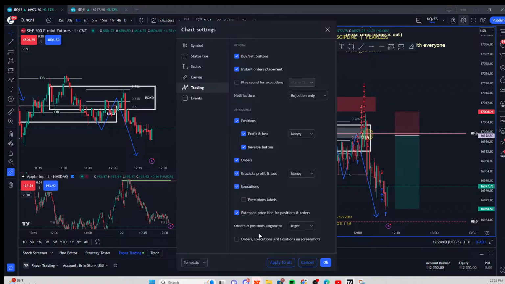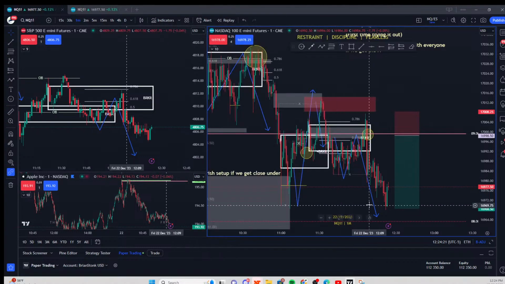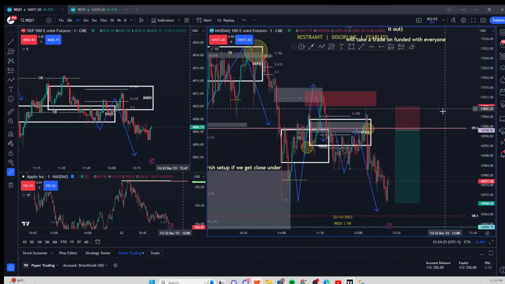Usually everything's in settings. Execution label. To see the profits, go to orders. Where is orders? Why is it so confusing?